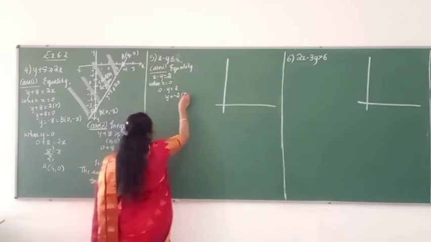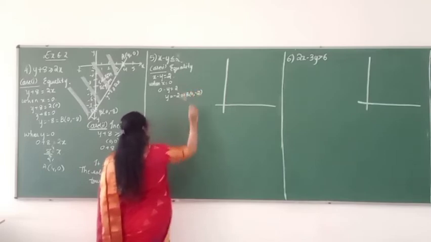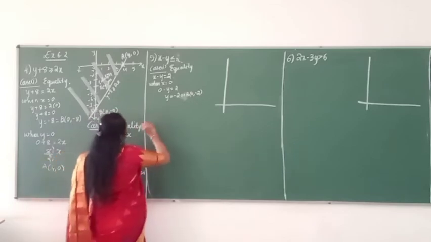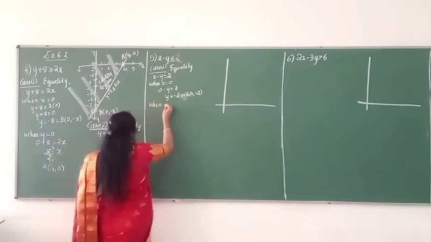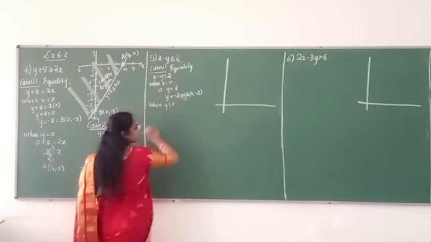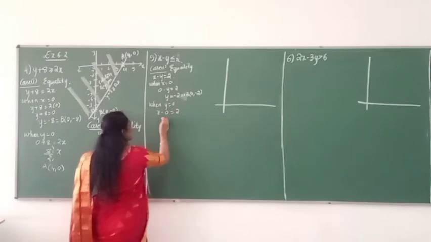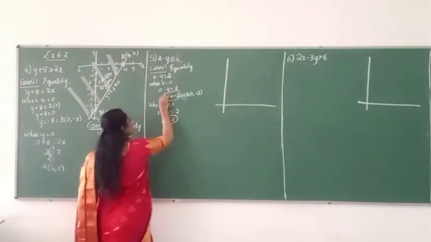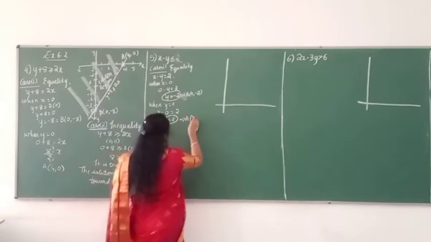So here B point is nothing but what? 0, -2. Okay. Next, now we move with the x point. So y will be equal to 0. So it will be x minus 0 is equal to 2. Therefore x is equal to 2, which is nothing but A is equal to 2 comma 0.